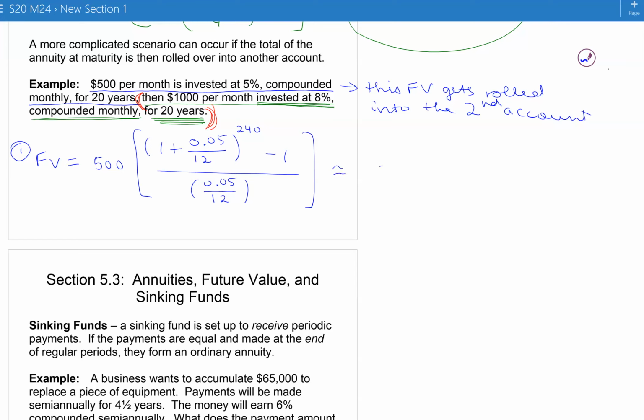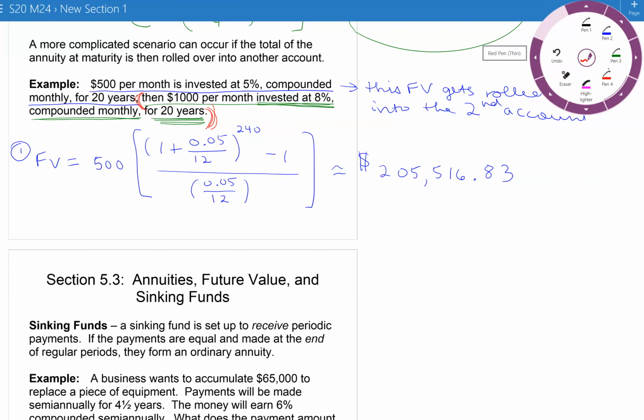And this gives you 205,516.83. So that's the value of the first annuity.